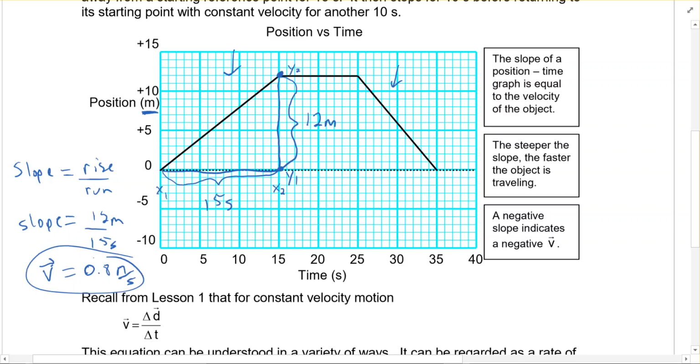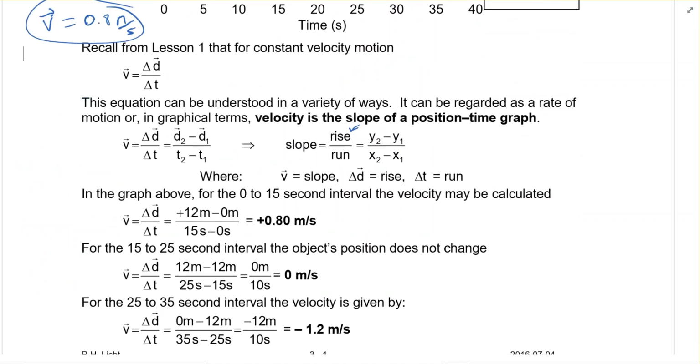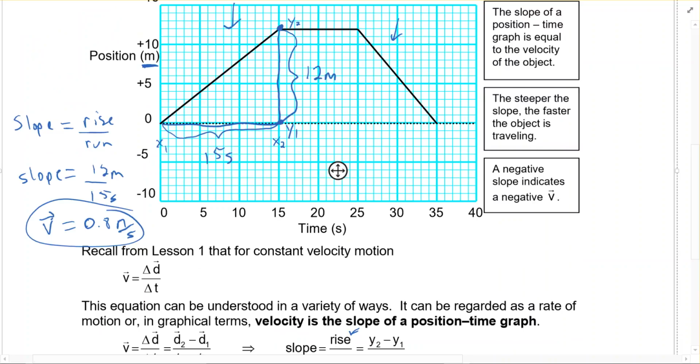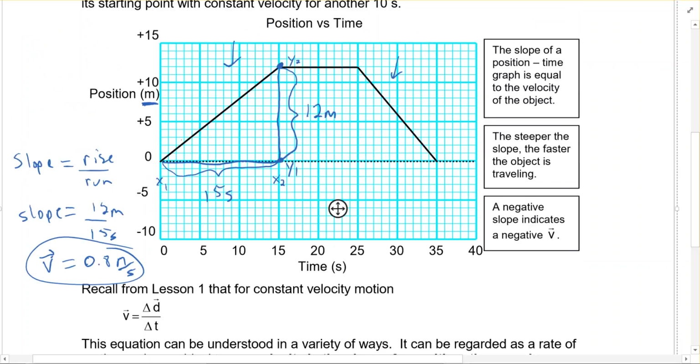So I've just done this beside the picture here. You can also look down to see what I've done down here too, right? One thing I want to draw your attention to, though, is I've got this positive symbol in front of the 0.8 when I did it on the computer. All that's really referring to is that I have a positive slope, and positive slope just means that the slope is going up.